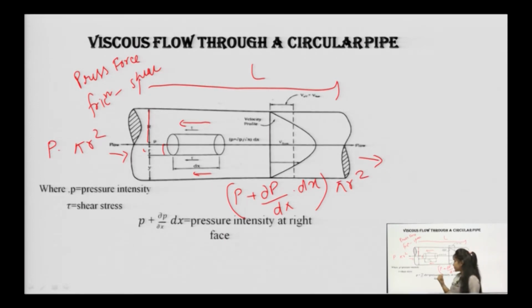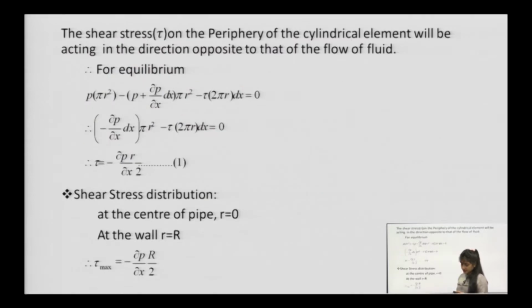So now you can see there are two forces we are considering majorly. The first one is the pressure force, and the second one is the shear or frictional force. Now we will do the summation, equating the net force. The shear stress on the periphery of the cylinder acts in the direction opposite to the flow, and for equilibrium the summation of all forces should be 0.